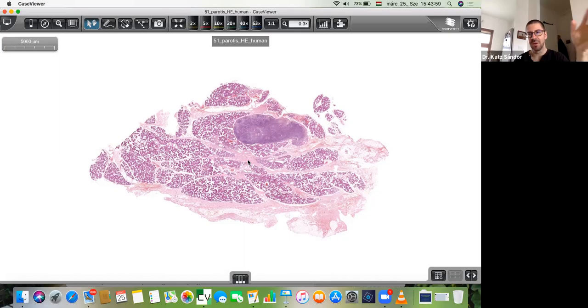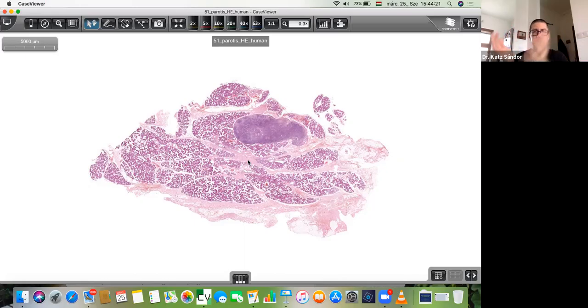So when we're talking about the salivary glands, we have three big glands, obviously: the submandibular, sublingual, and parotid glands. The sublingual and submandibular glands are mixed glands, while the parotid is completely serous.